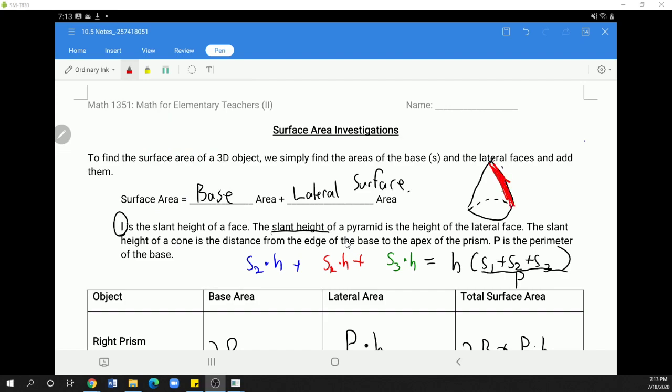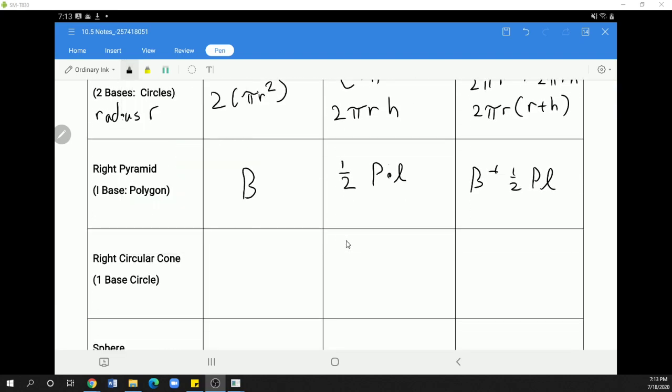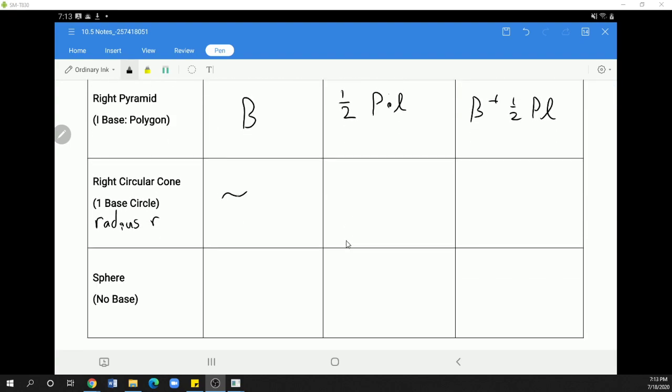If you tried to walk up this thing from the base, that's about how far you would have to go. So that's L. And again, let's say it has radius r. Okay, what happens? Area of the base, again, we can specifically say it's pi r squared.